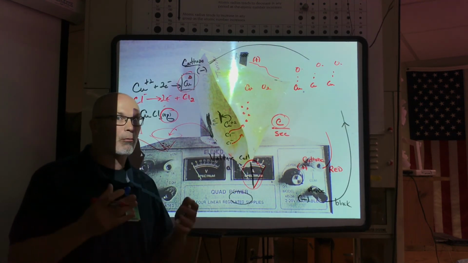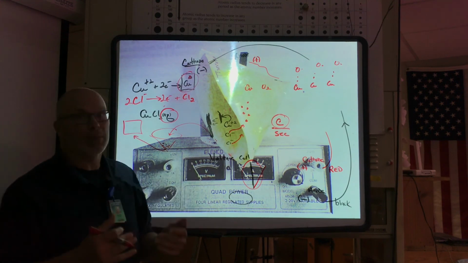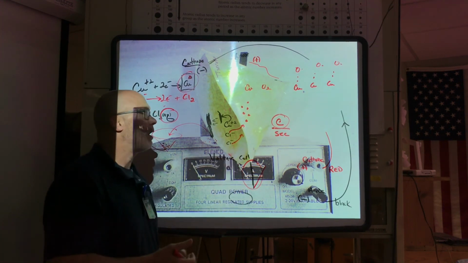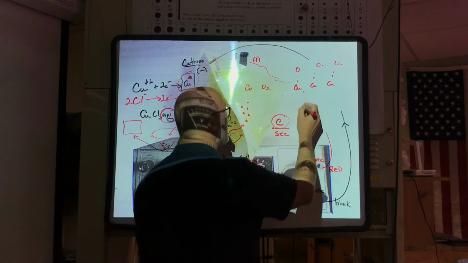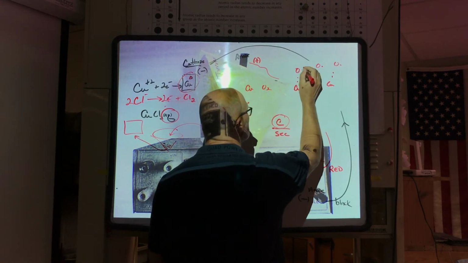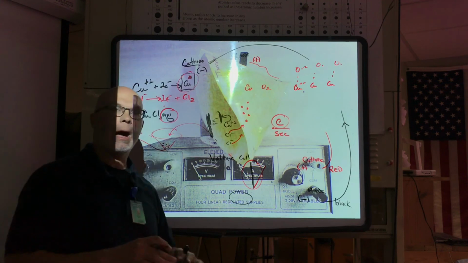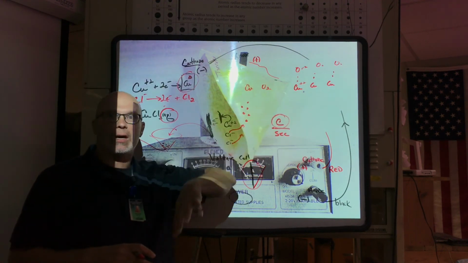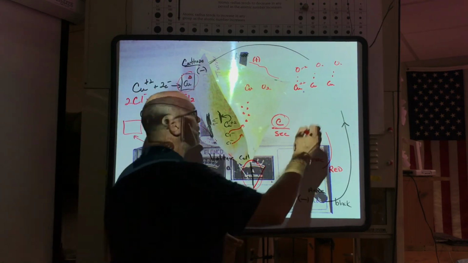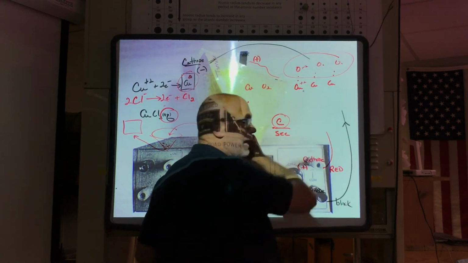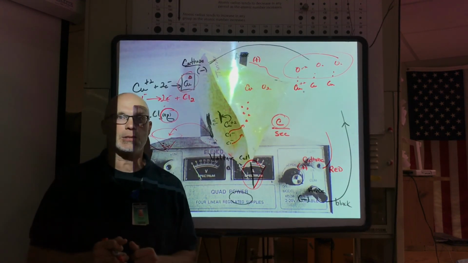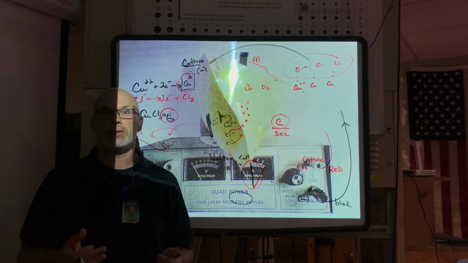Absolutely. Okay, a rust or the ore or the salt form of the metal, this being positive because it lost, and this being negative because it gained, would be my, of course, ionic compound that would coat the outside, all right?